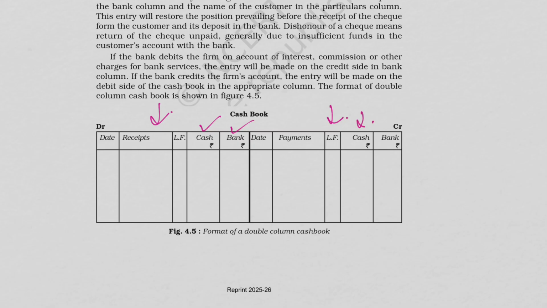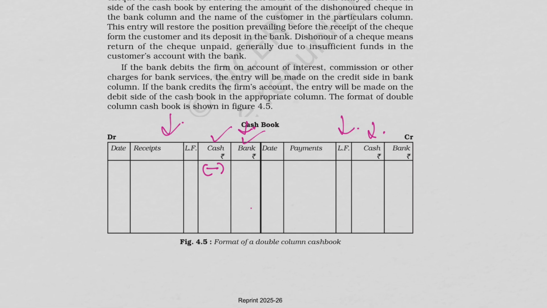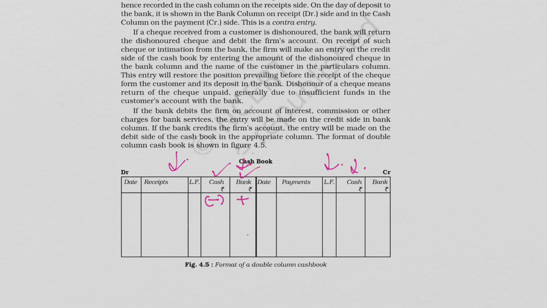When cash is deposited in the bank, cash is decreasing and bank is increasing, and both are recorded in the cash book itself. So the bank column is on the debit side, and the cash column on the credit side. Mark it with C. These are not posted to the ledger because both cash and bank are already in the cash book.